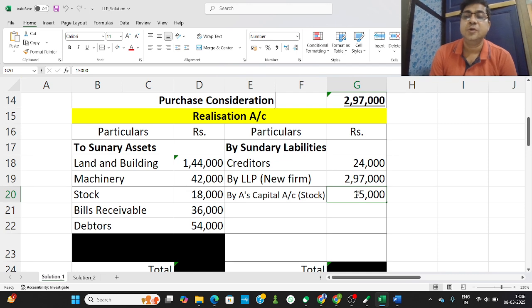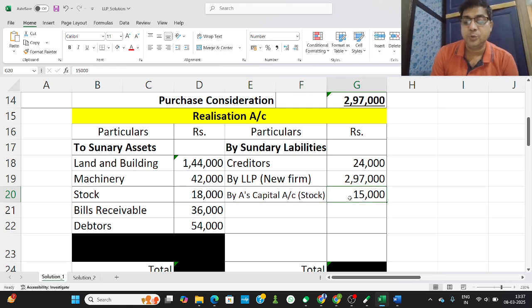It is taken over at rupees 15,000, and this particular purchase consideration value we have to show on the realization account credit side because the new company takes over the business. Therefore, this purchase consideration we have to record on the realization account credit side. Now this stock, A's capital, is recorded in the credit side of the realization account.